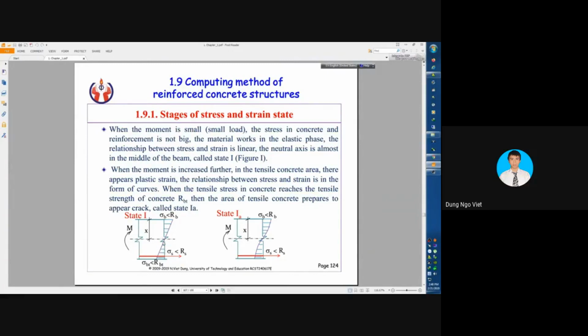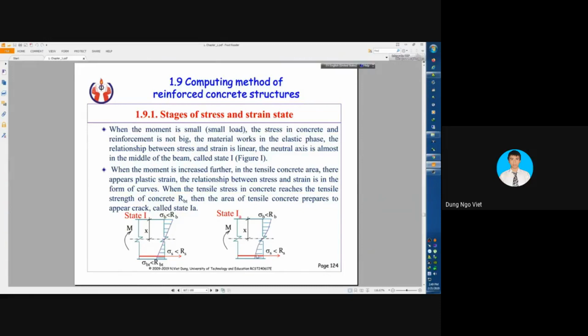When we increase the load, the moment is increased. In the tensile concrete area, there appears lattice strain. So you can see here the chart is not a straight line, but becomes a curved line. It has a nonlinear relationship here.